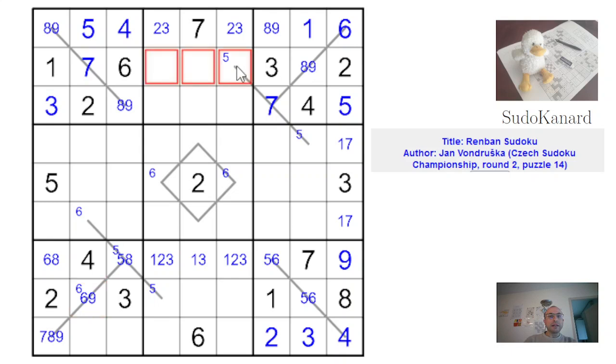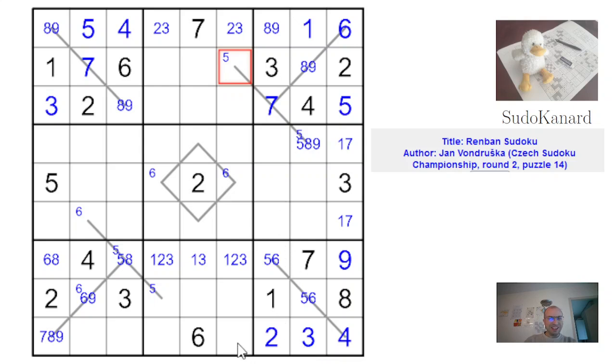Here we need digits from 4, 5, 8, and 9. One, 6, 8, and 9. Not yet that useful. I already said that those are from 4, 5, 8, 9 anyway. That's not a 4. 4, 5, 8.